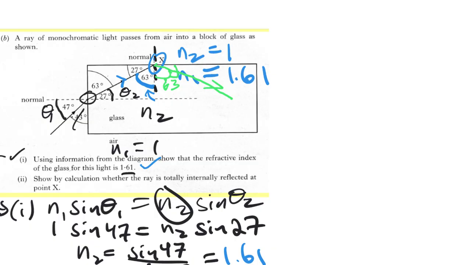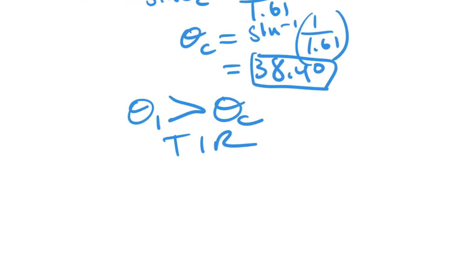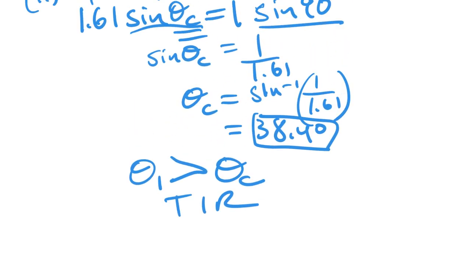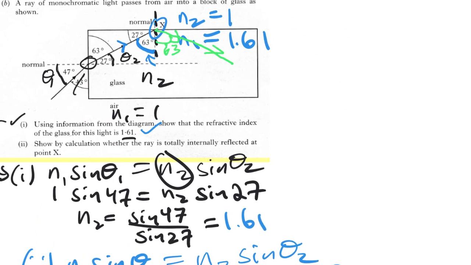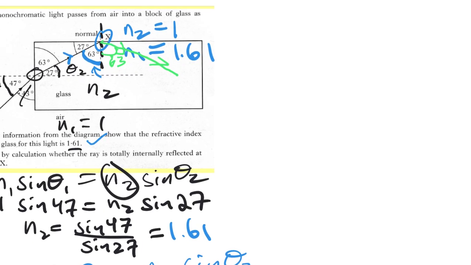refracted angle. In fact, if you tried to do Snell's law to solve for it, let's just show you. If you tried with these values up here with 63, so let's do it. So n1 sine of theta 1 equals n2 sine of theta 2.